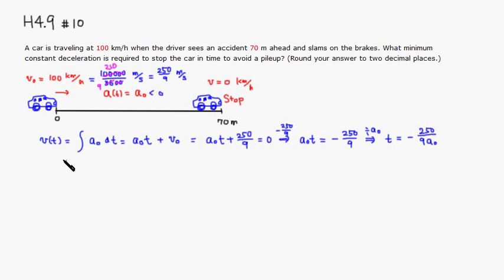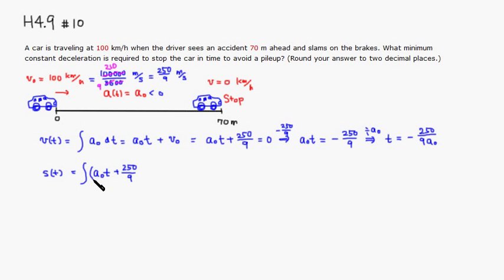By taking another antiderivative, we can get the position function. Let's call it the position function s of t. We take the antiderivative of the velocity function, a0 t plus 250 over 9.